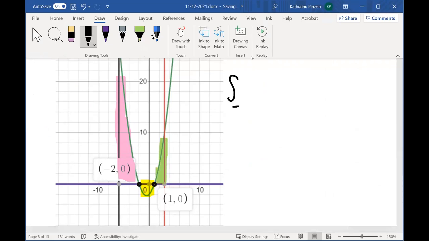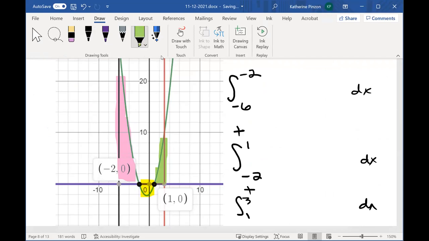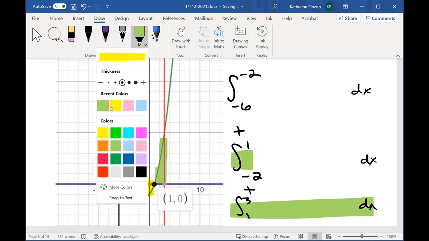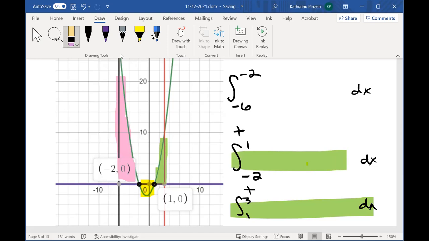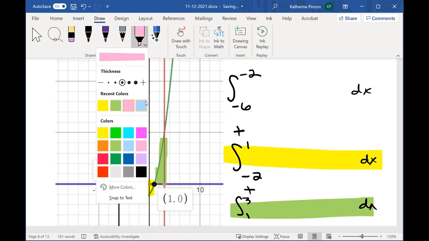1 from -6 to -2, plus 1 from -2 to 1, plus 1 from 1 to 3. Okay. This guy is going to be the green one. This guy is going to be the yellow one. And this guy is going to be the pink one.